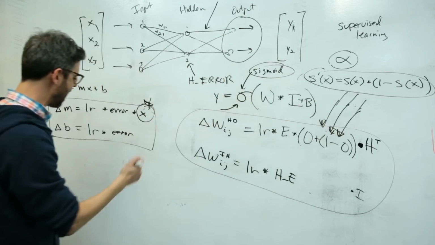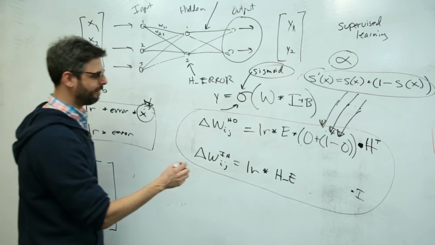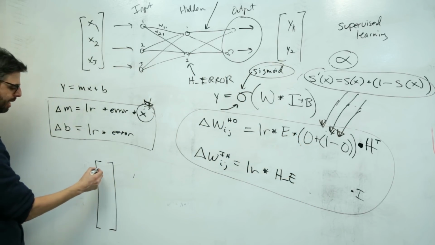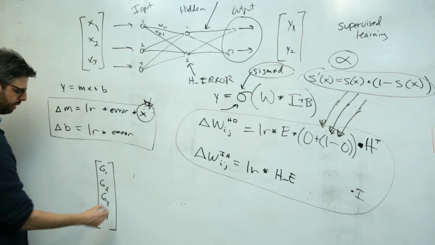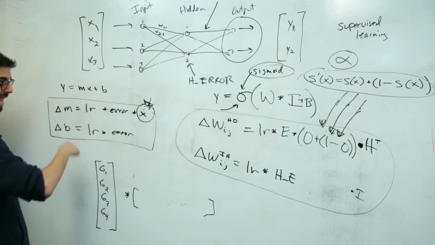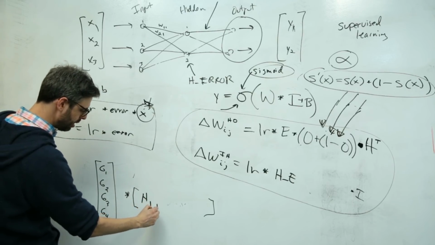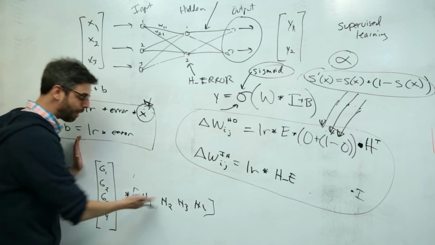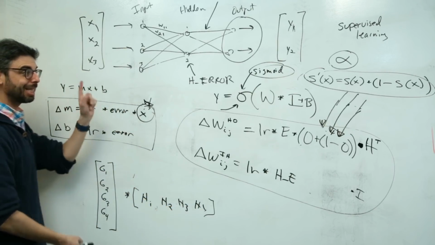Now, here's the thing. If I have this error times the gradient, essentially, I'll call it gradient, as a single column vector, 4 rows, if I multiply that by the hidden output, which is also a single column vector but transposed, if you take a single column matrix and multiply it by a single row matrix, as long as this has the same number of columns as this has rows, let's look at what happens.